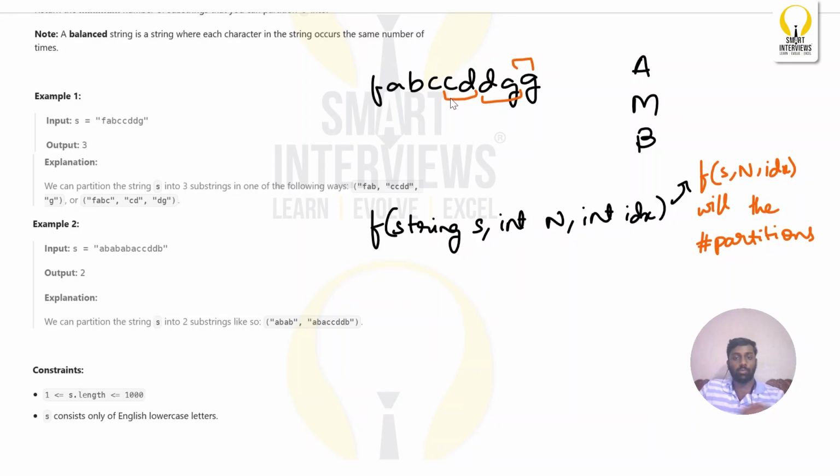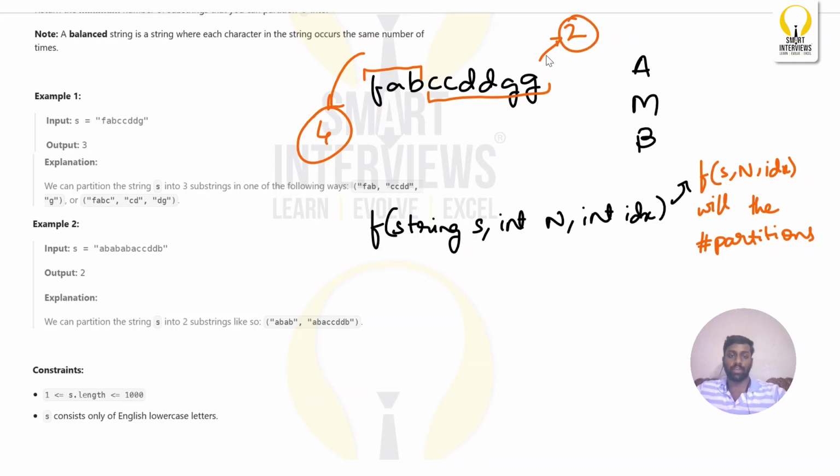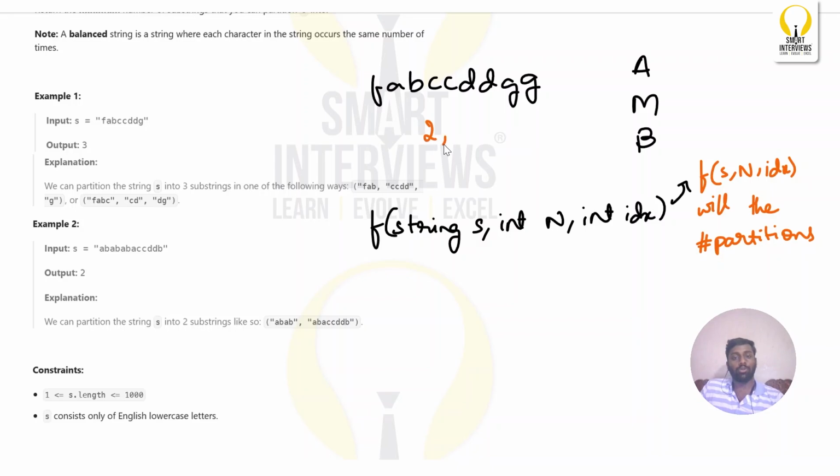For this we are getting 4 as the number of substrings. Instead, a better way could be simply FAB and CCDDGG. This would get you two partitions. So among 4 and 2, 2 is the best way you can partition. So among 2 and 4 being the ways to partition, you need the minimum.